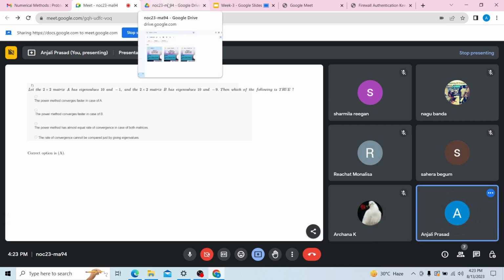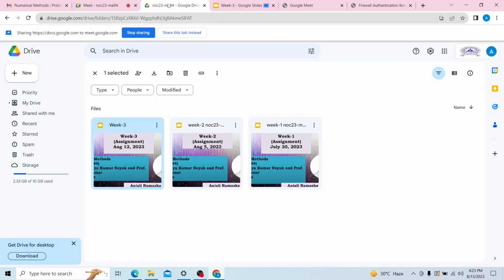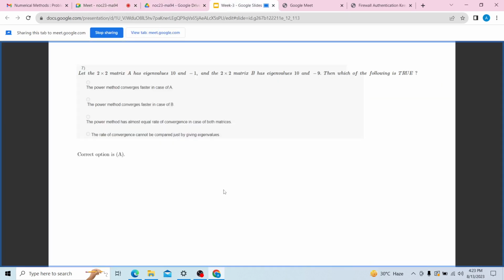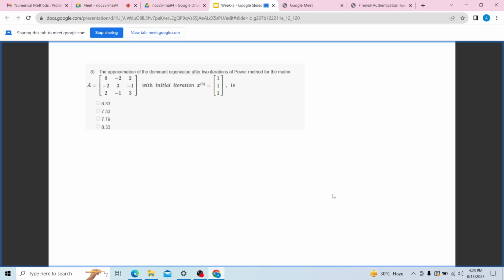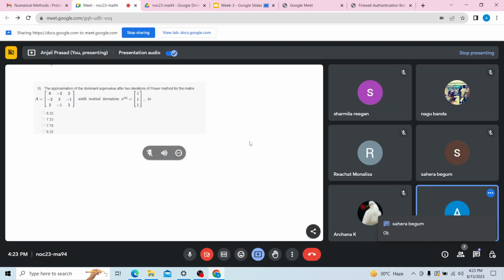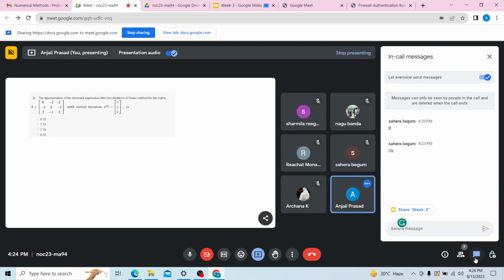So if it is clear, then let's move to the next question. Have you understood that problem? Why is it A, not B? I hope it is clear. In question number 7, why was it option A? Okay, fine.